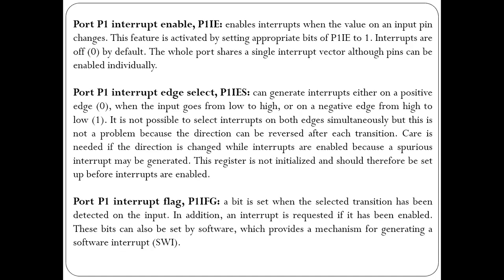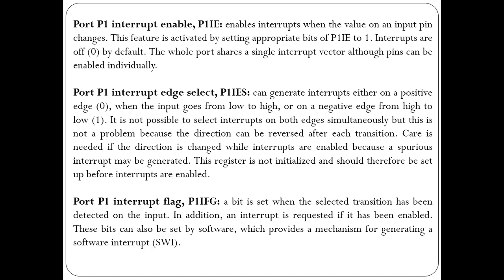Next, IES: whether the particular pin is configured on falling edge, rising edge, or both edges, is decided by this IES. It means at which edge the particular interrupt is to be executed is decided by this IES.